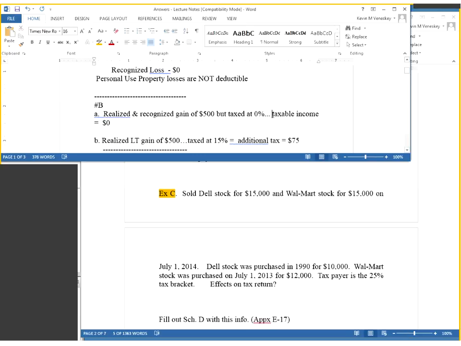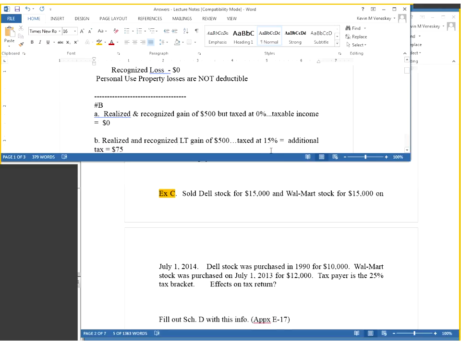And we might see this when we look at a Schedule D in a little bit more detail in just a few minutes. So it's a realized and recognized gain of $500. We're going to put it on the tax return, but not taxed. In Part B, when the income is higher, they have a higher marginal rate, but they are going to be taxed at 15%, even though they're in the higher tax bracket.